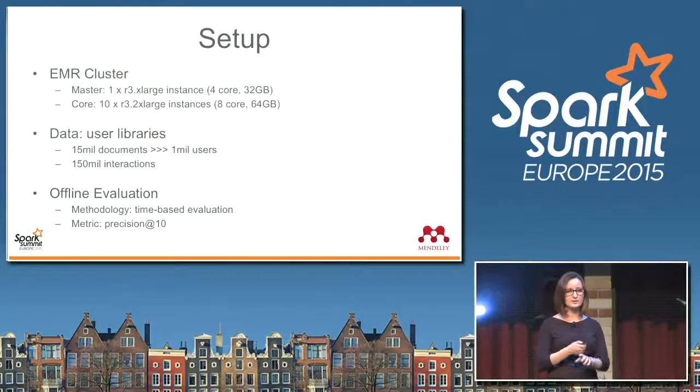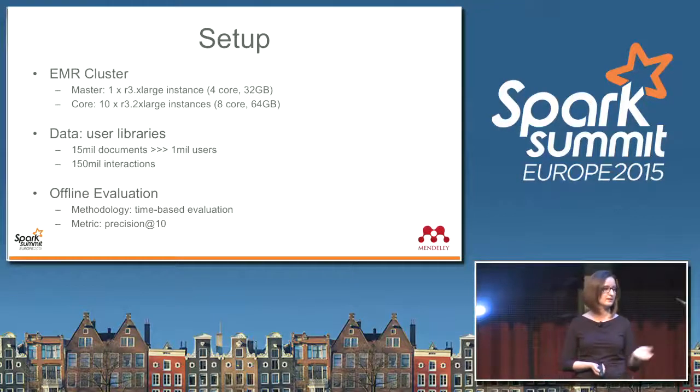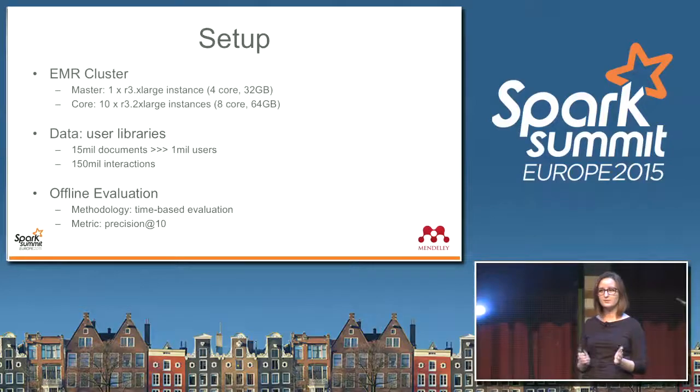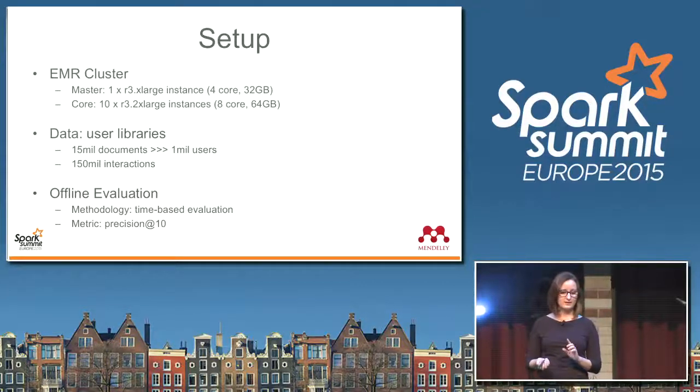The setup, all of them were tested on the same cluster. We spin up an EMR cluster, and the data that we used was user libraries, a subset of them. We took a random sample of 1 million users, took their libraries, and that resulted in about 15 million documents. Note here that the number of items is a lot larger than the number of users.